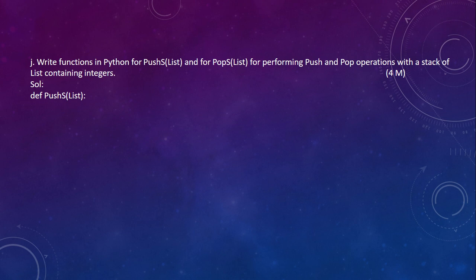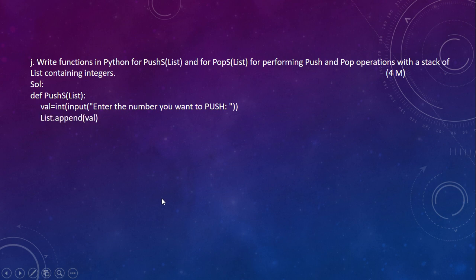So def push(s_list), okay, value equal to int(input("Enter the number you want to push")). Why have I taken int? Because the list contains integers. Then list.append(val), right.